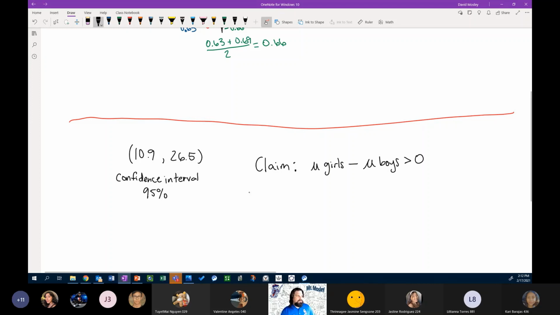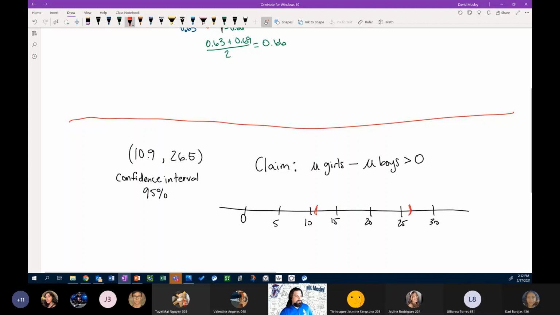If the interval, so we think of this as like a number line here. Let's say 0 is over here. Let's say we're going by 5, 10, 15, 20. This interval is going to be somewhere from here to here.